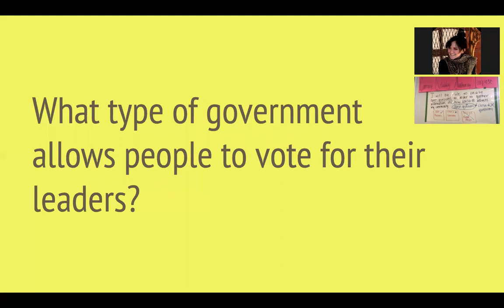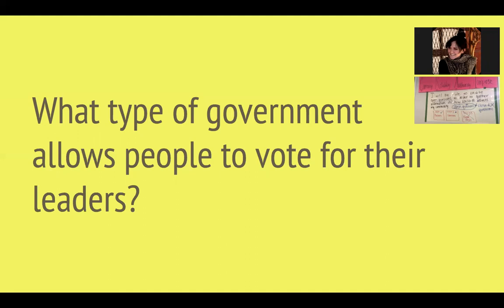The correct answer is that this question is a closed question. The reason is there's a right answer here. There are only some types of government that allow people to vote for their leaders. Democracy is the only type of government which allows people to vote for their leaders.